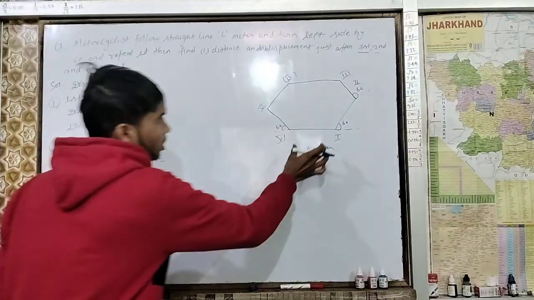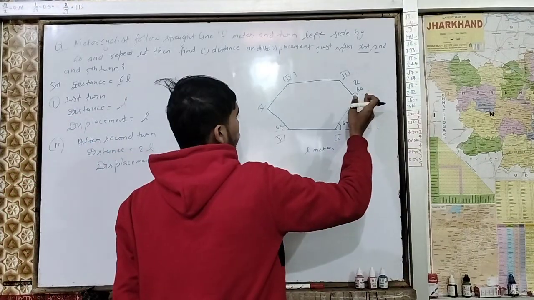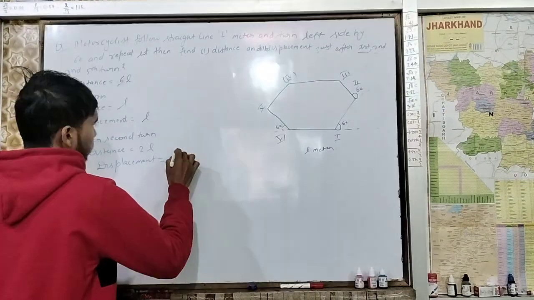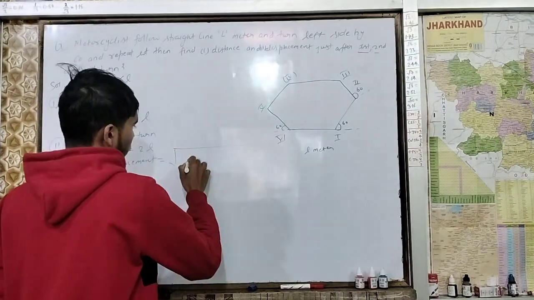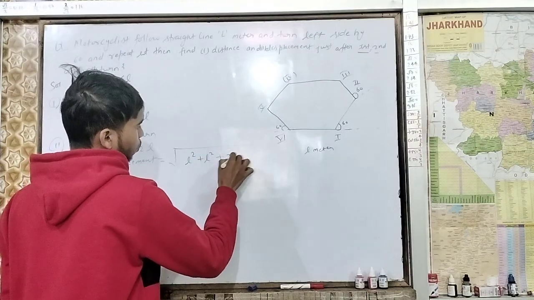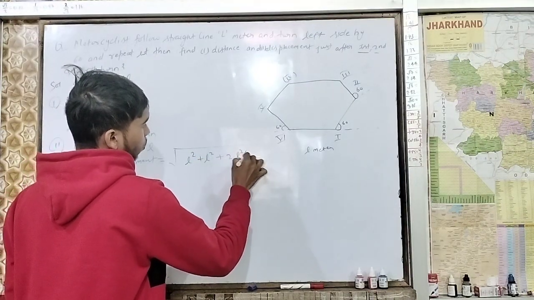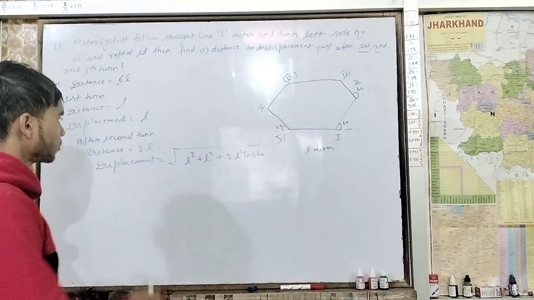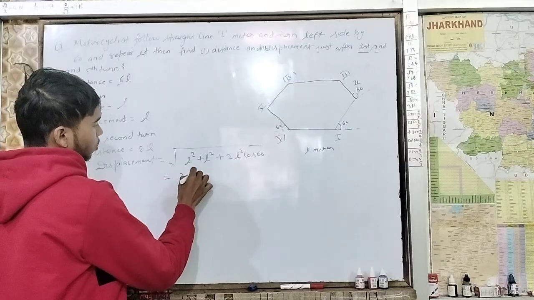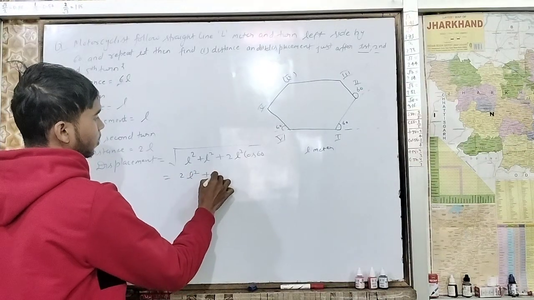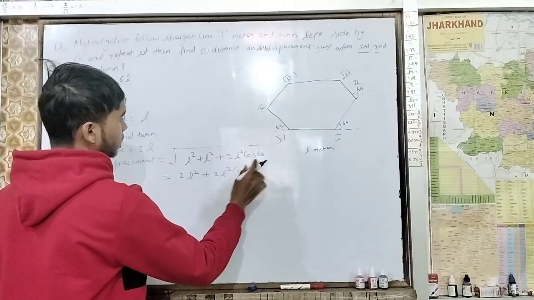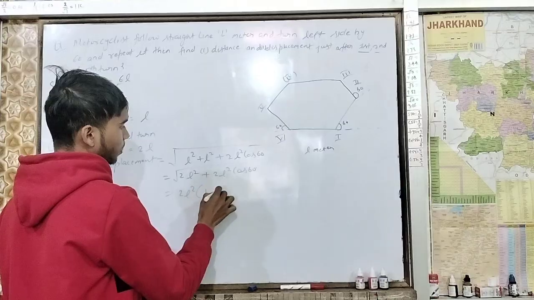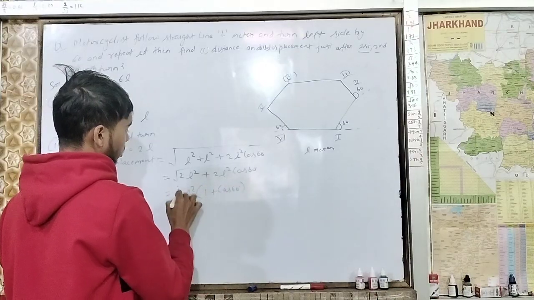Of course, it will form a triangle. So the displacement squared is L square plus L square plus 2 L square cos 60 degrees, which becomes 2L square plus 2L square cos 60. 2L square is common, so 1 plus cos 60 degrees, and cos 60 is 1 upon 2. Writing 1 plus 1 upon 2 gives 3 upon 2.